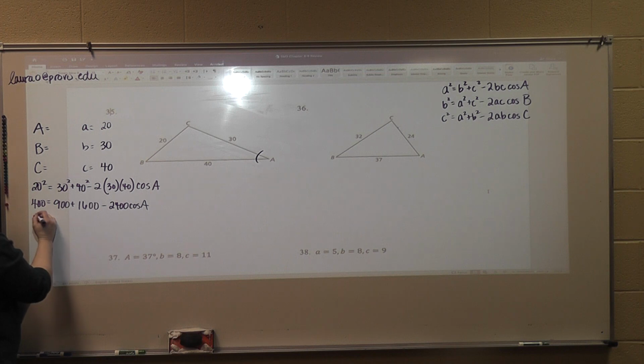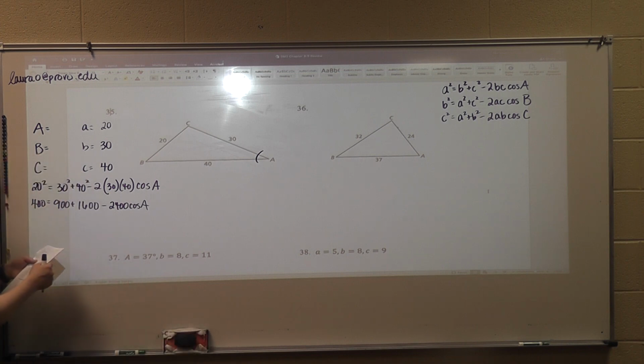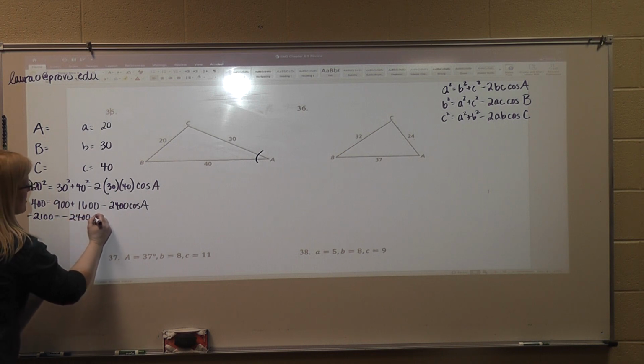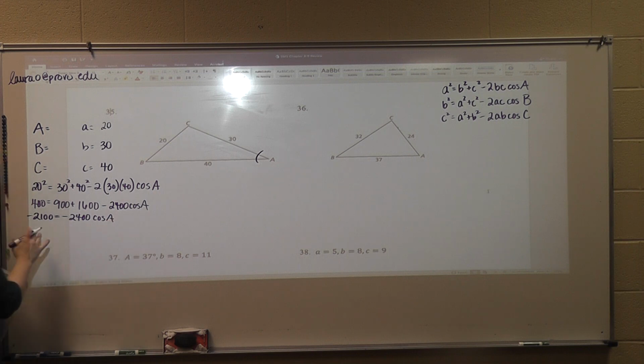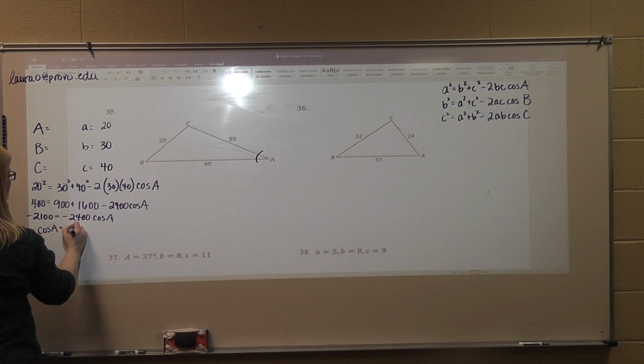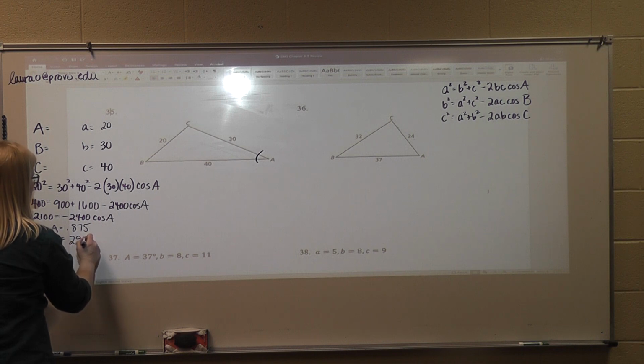Okay, so now if I add those two together and then get it over to this side, I end up with negative 2100 equals negative 2400 times cosine A. Divide both sides by 2400 and I get cosine of A is 0.875. And then when I take the inverse cosine, I have A equals 29 degrees.